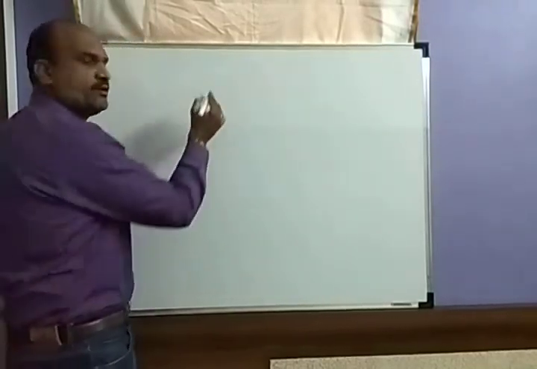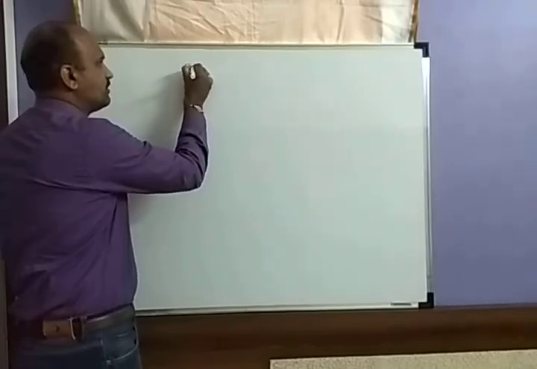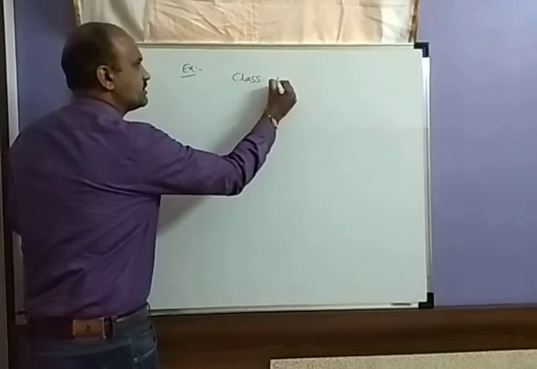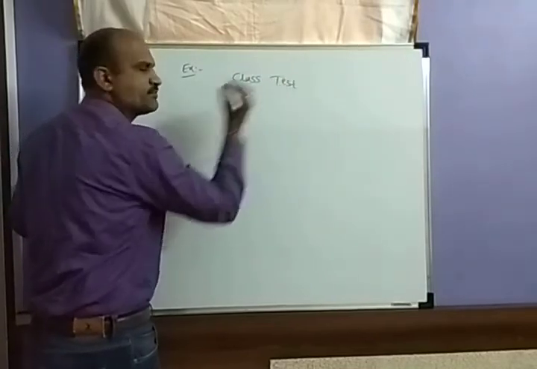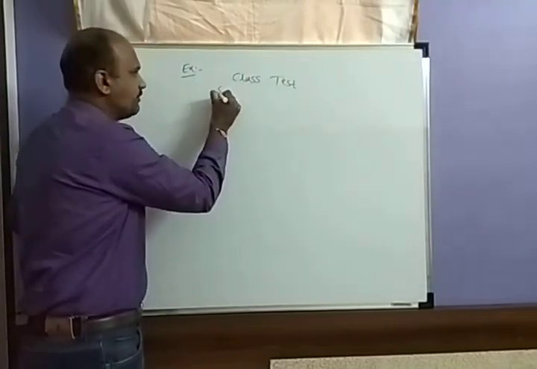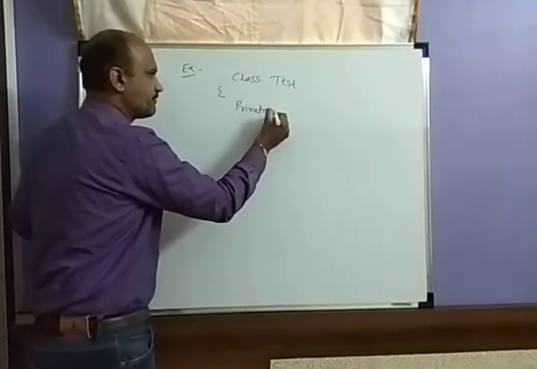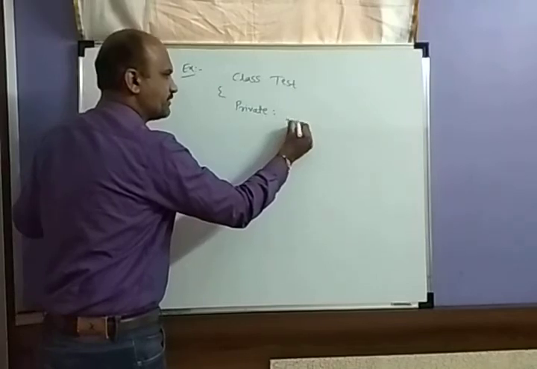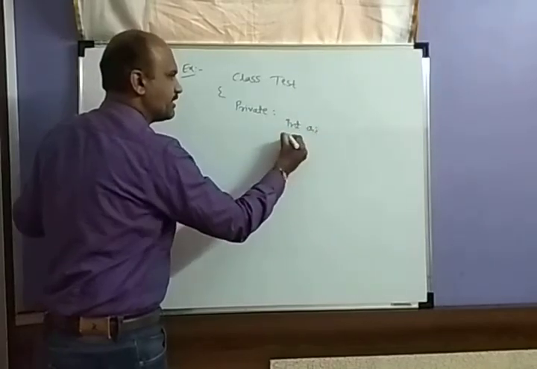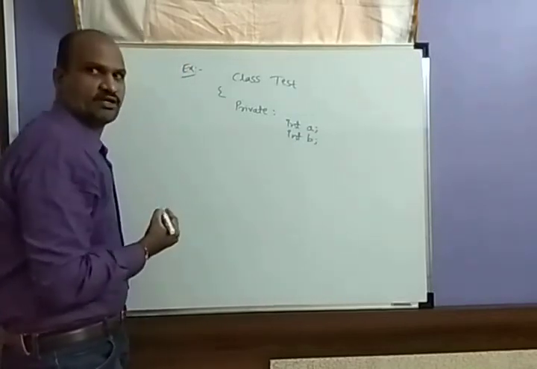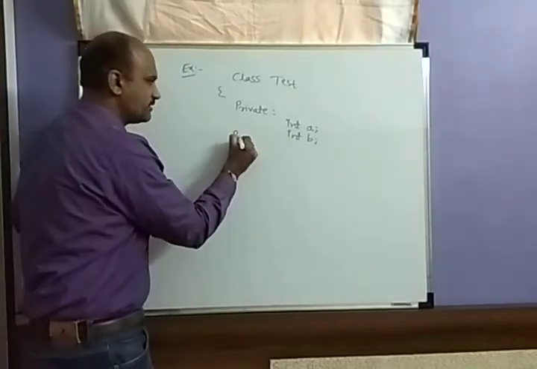So we'll have an example for outside the class definition. I will take a class with a class name. Then we'll have private data, int A, int B. This is a very small example to understand. Then public.